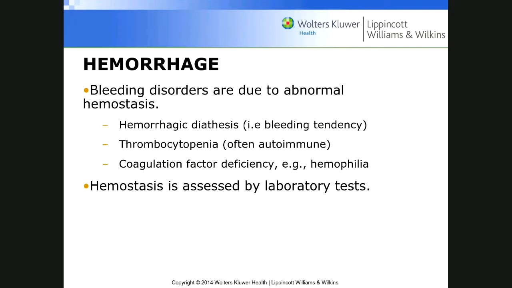Later on, when we talk about the blood, we're going to look at what the red blood cell looks like. How could it be anemia? Is it anemia due to iron deficiency? Is it anemia due to lack of vitamin B12, or due to destruction of red blood cells, or anemia due to hemorrhage, for example?